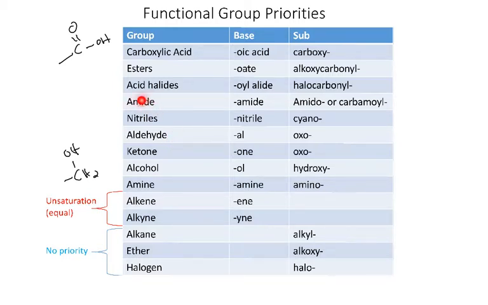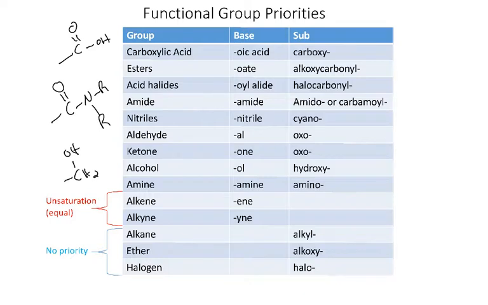But then we go to an amide, where we have 3 bonds, but now 2 of them are to oxygens. Esters and carboxylic acids each have 3 bonds to oxygen, so they're higher in priority. So basically, the ordering of the priority comes from how oxidized these functional groups are. The more highly oxidized, the higher the priority.